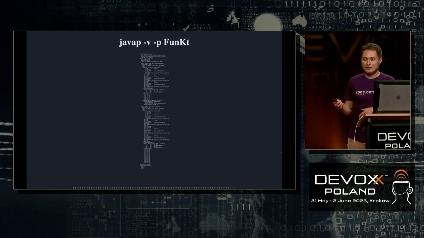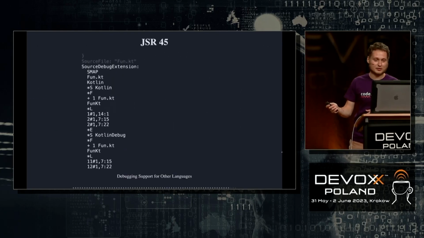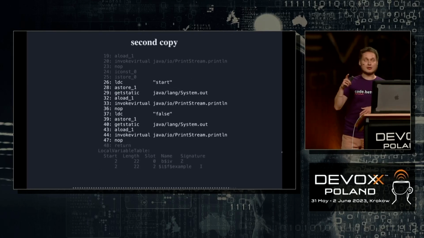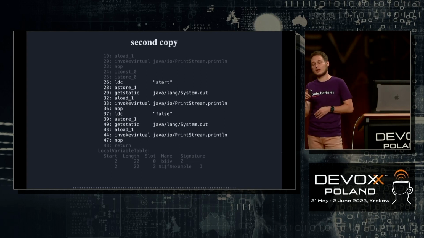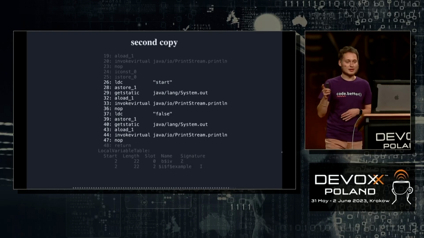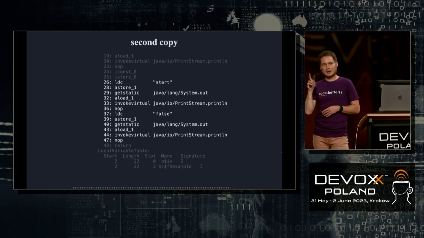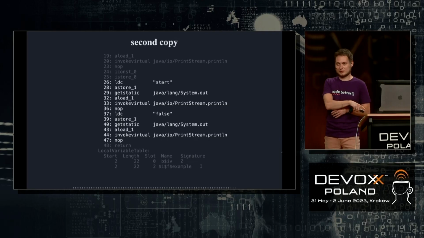What about the line number table? Yes, they have it. There is a line table, and this line table contains, for inlined parts, line numbers which are bigger than the numbers that you had in source code.